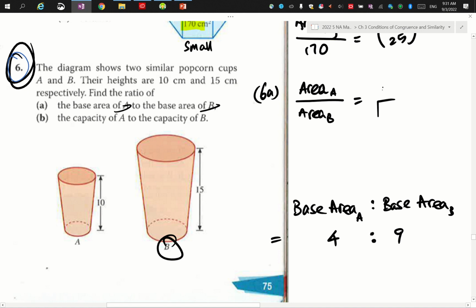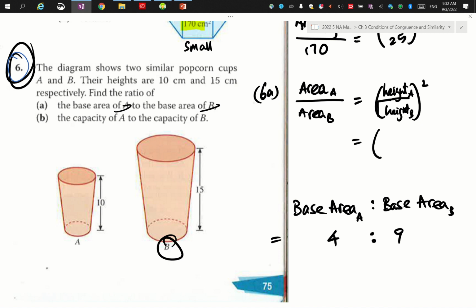This is the square of height A over height B. So area A divided by area B, then it's the same. Yeah, just write area A, area B can already. I don't need to write the word base. Because regardless of which base you're using, curved surface area, flat surface area, total surface area, the ratio is still the same.